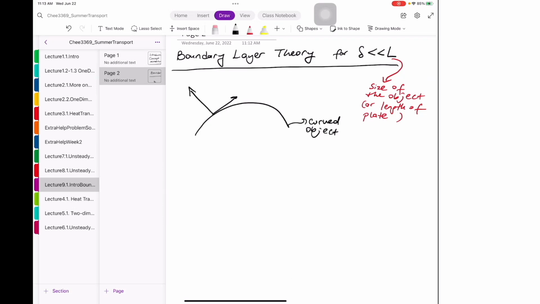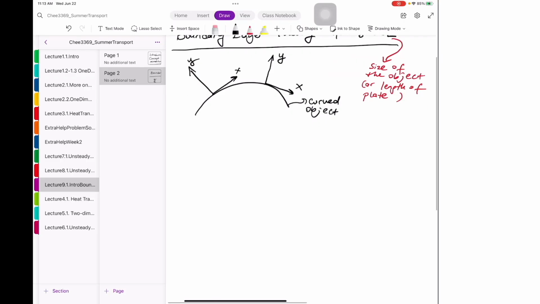One coordinate is parallel to the surface, the other coordinate is perpendicular, and our coordinate system is varying with the position. Okay, so x and y change continuously.